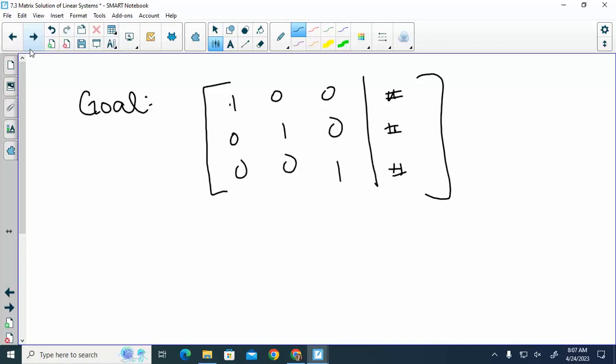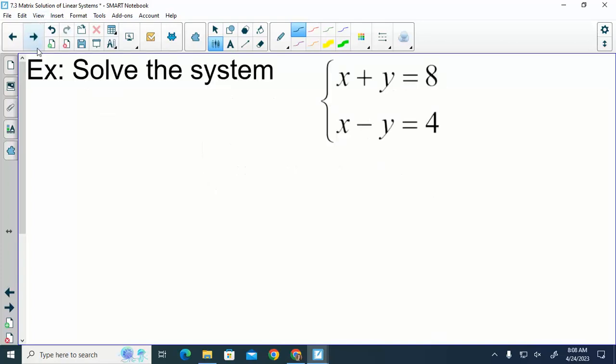We can multiply rows by anything except 0, and we can add them together, just like in elimination. You decide what you want to cancel, and you take each row times something and add them together. So let's look at this system.